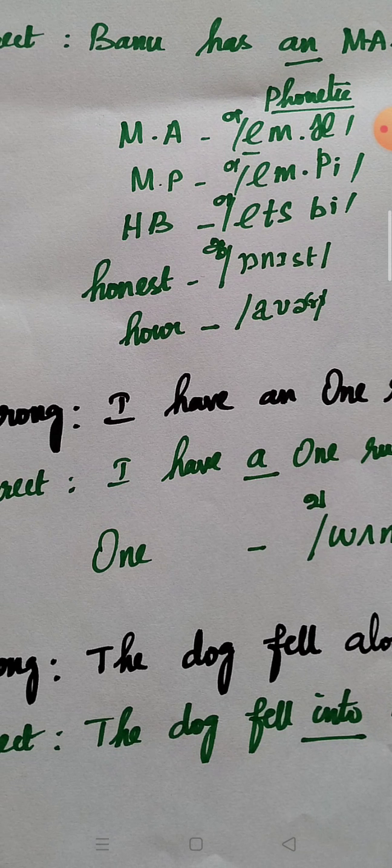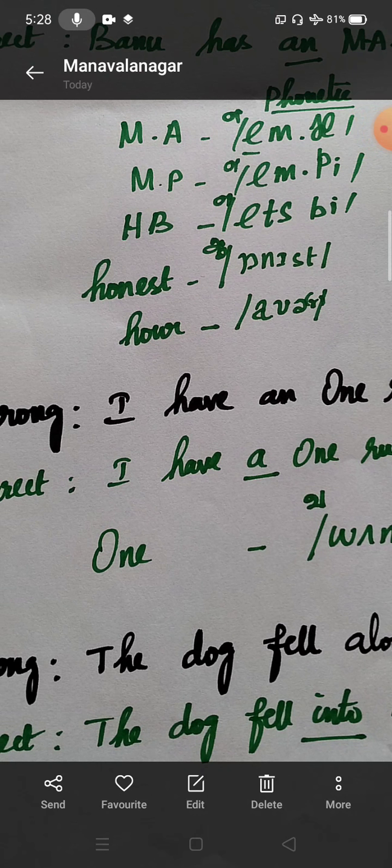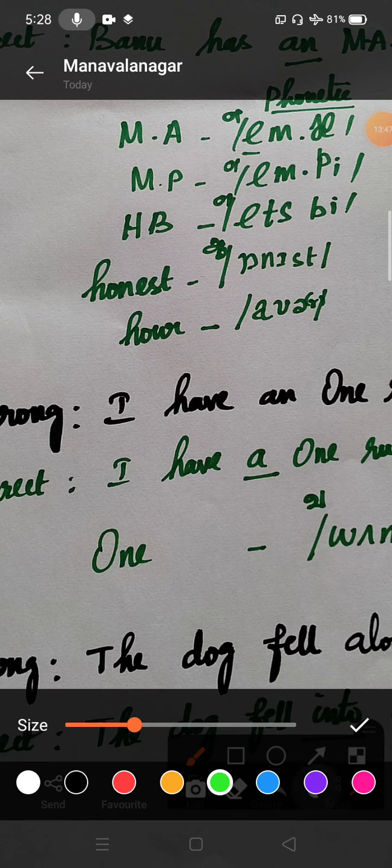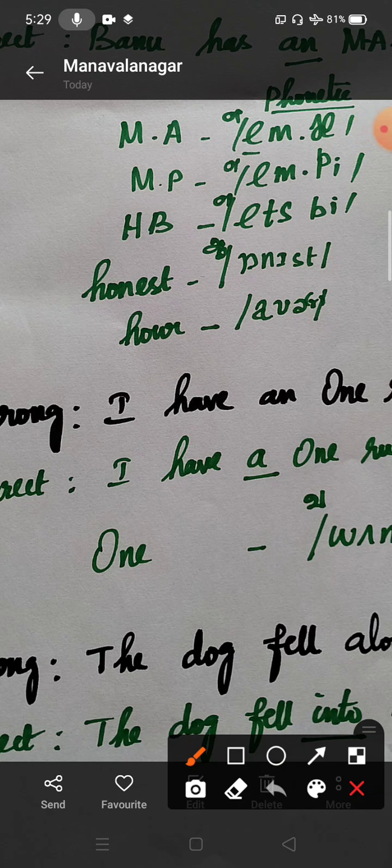See another given example. Look here, I have an 1 rupee coin.